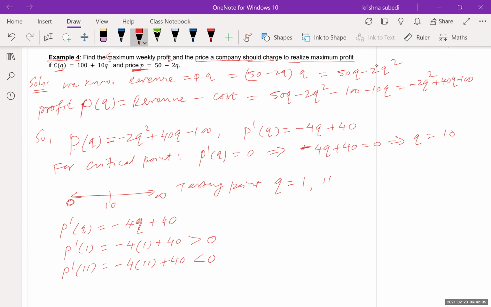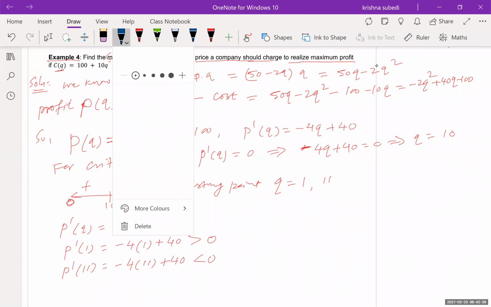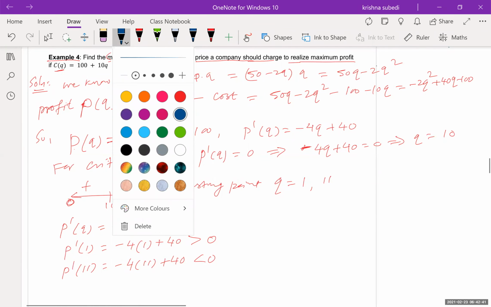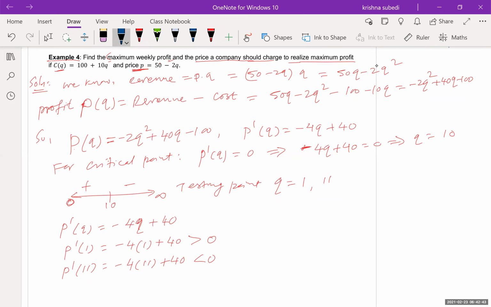So this side is positive, this side is negative. According to the sign analysis, we know that to the left of 10 the graph is going up, and then the graph is going down, so therefore we have a maximum. Okay, so we proved that this is a maximum.